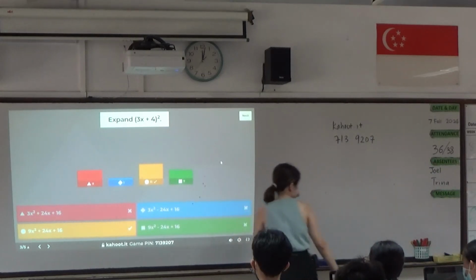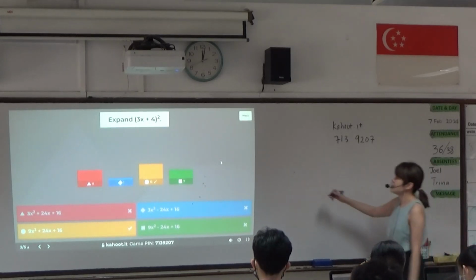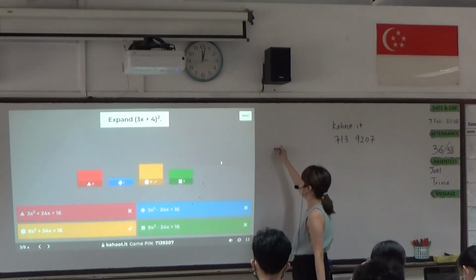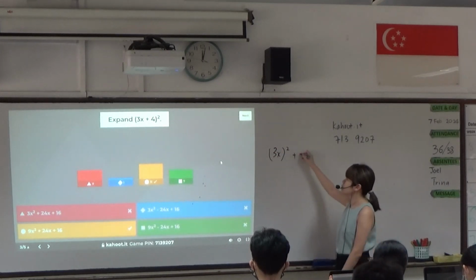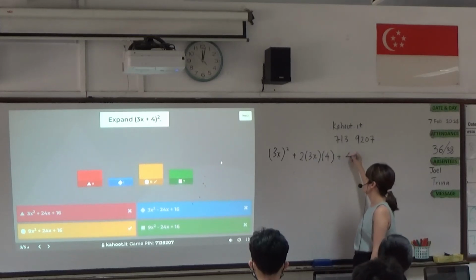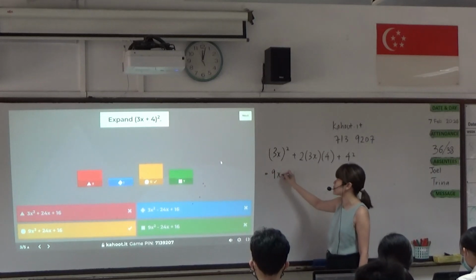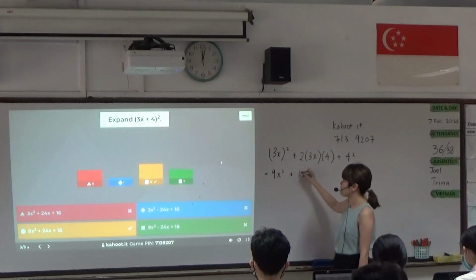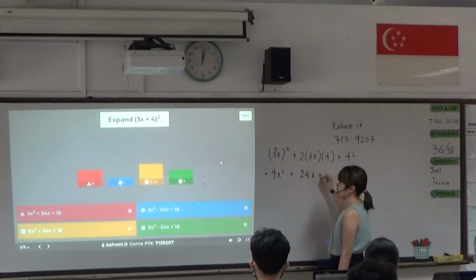Remember when we expand using our formula, we should be getting A to be 3x. So 3x has to have brackets around it, that's squared, plus 2ab, and plus 4 squared. So 3x squared is actually going to give us 9x squared, and then we get 24x plus 16.